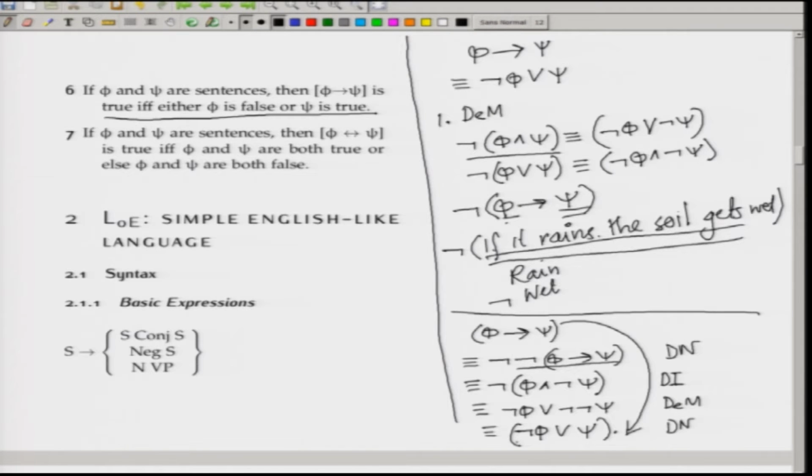Now suppose somebody says that if John has mustache, then John knows Chomsky. Suppose there is a sentence like that. Now how do we write it in our language? Basically we write something like this. We don't have a lot of space here. I'll try to erase part of it.